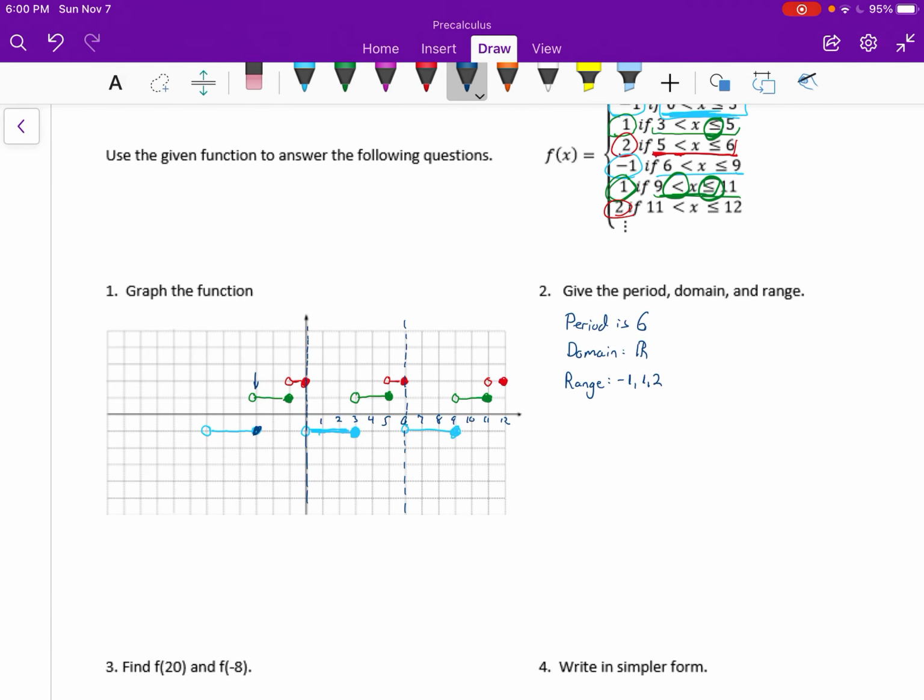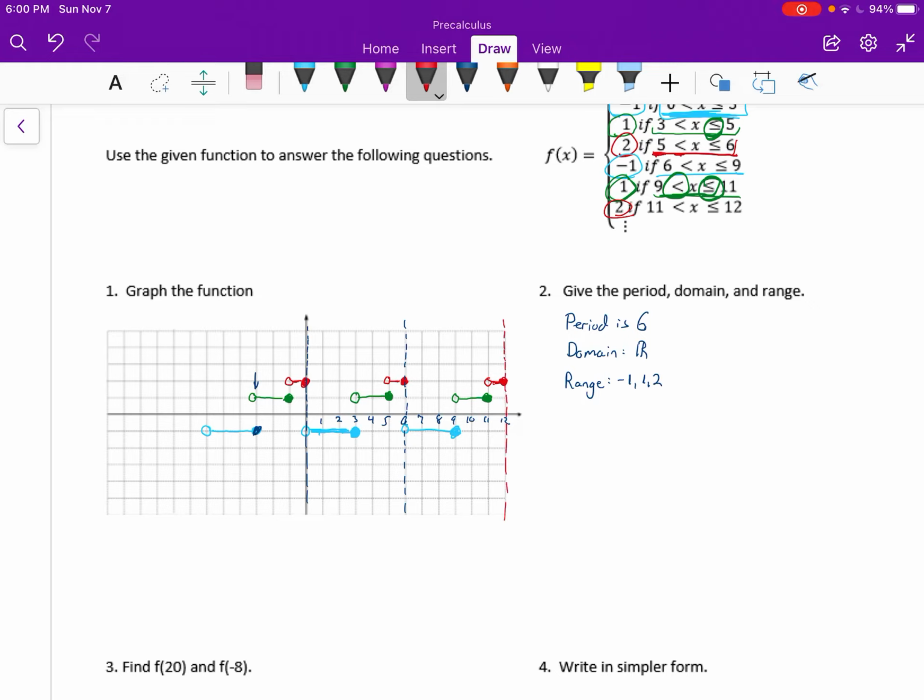Find f of 20 and f of -8. So f of 20, that is not on our graph, so we kind of have to extrapolate there. We have to figure out what 20 will be like. So from 0 to 6, from 6 to 12 is going to be a section.